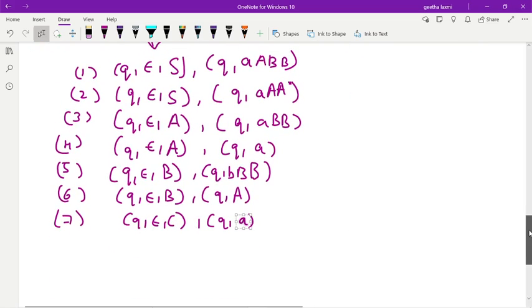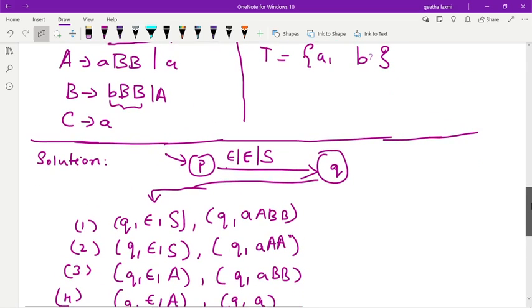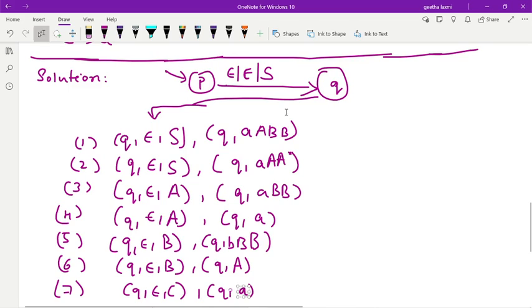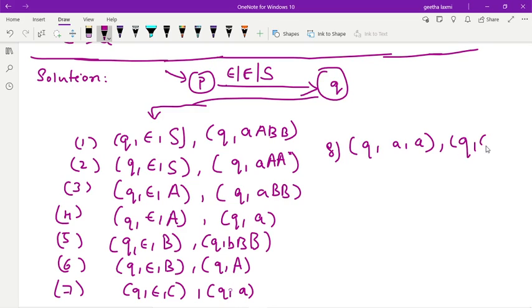Next, for the terminal symbols, how many terminal symbols do we have? Here a and b. Only for those do we have to write the transitions. So the PDA transitions for all terminal symbols would be, as the eighth rule, q comma a comma a gives q comma epsilon.